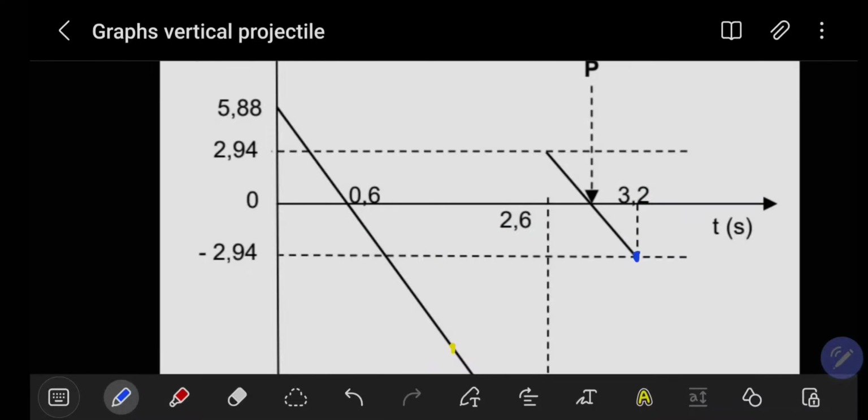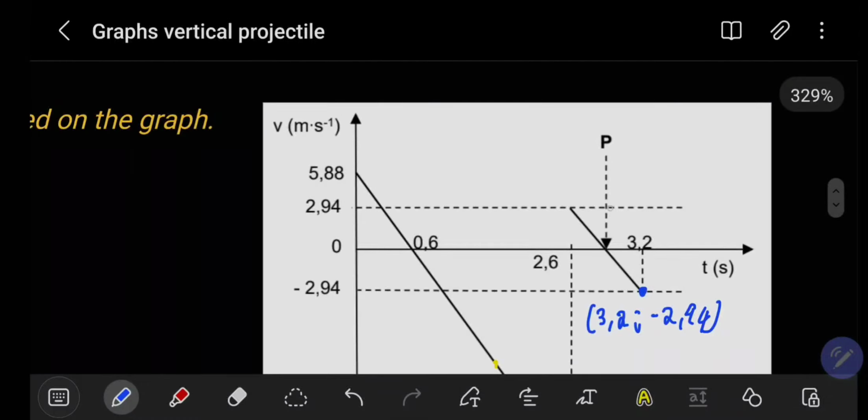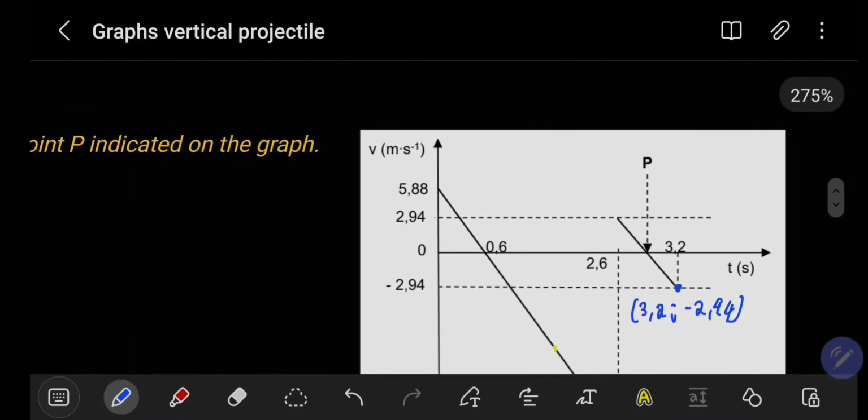If we check this point, the coordinate of this point is 3.2, negative 2.94. Then when we look at point P, its coordinate for the x-axis is t, and for the y coordinate, that is 0.